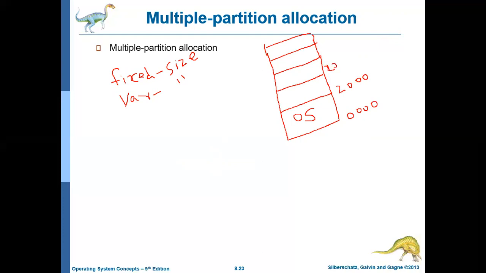The first partition is 2000 to 2099, that is 100 locations. The second partition is 2100 to 2199. The third partition is 2200 to 2299, and so on. So the entire memory is divided into fixed size partitions, here 100 MB.